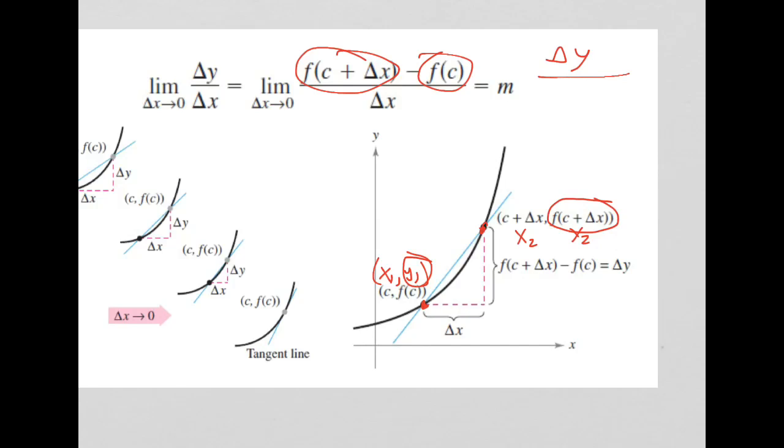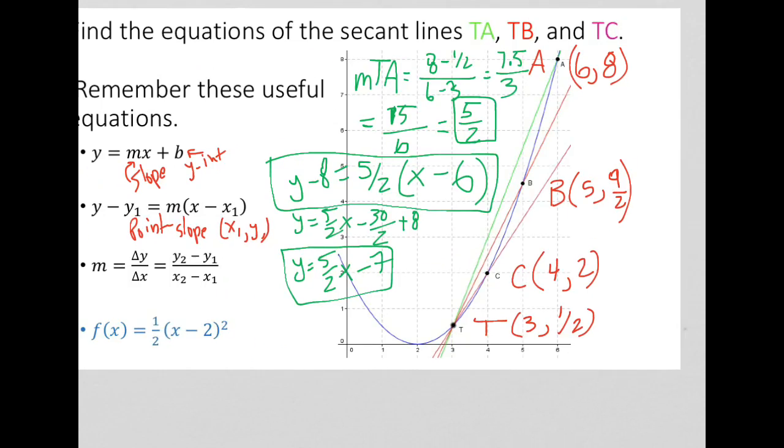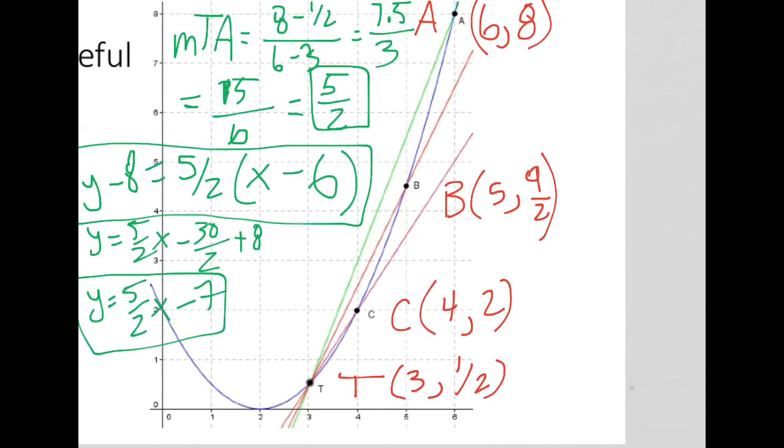And since this is a limit, it is exactly like what we have on that warm-up. We have secant lines where this point is staying the same, but this point A is moving closer and closer and closer down that line. And it's getting closer and closer to that point, T, right there.